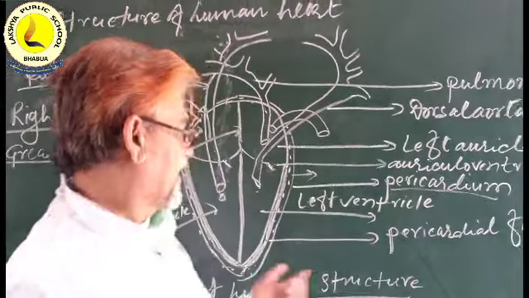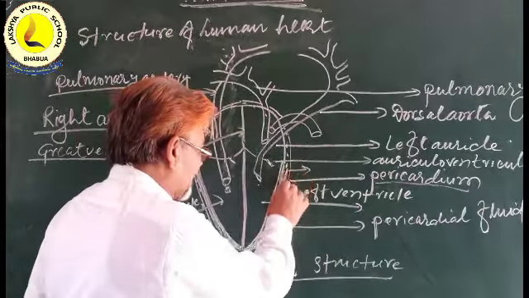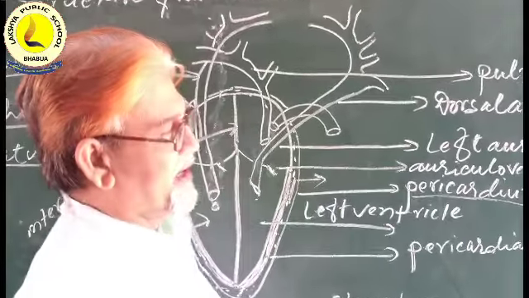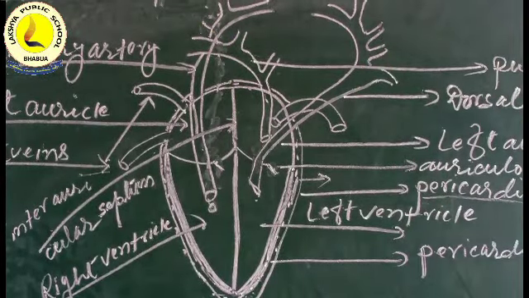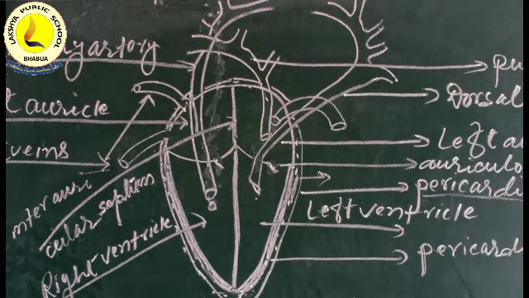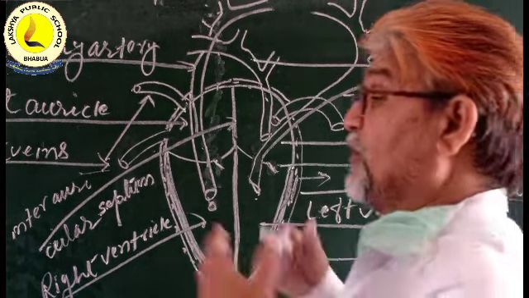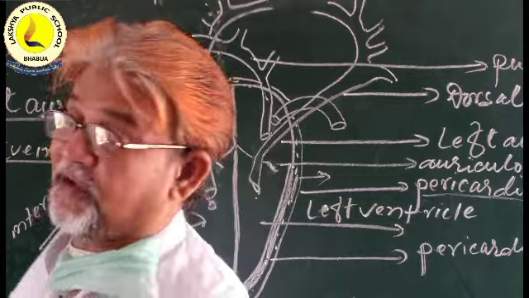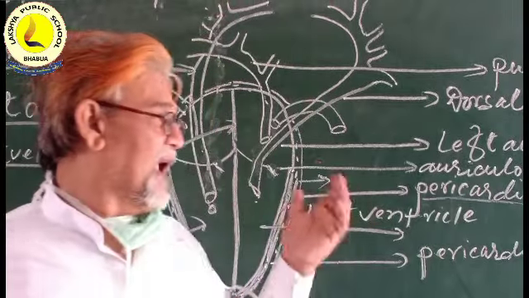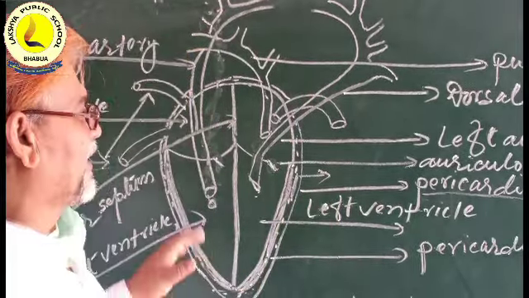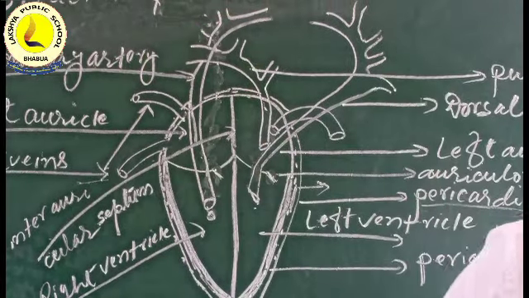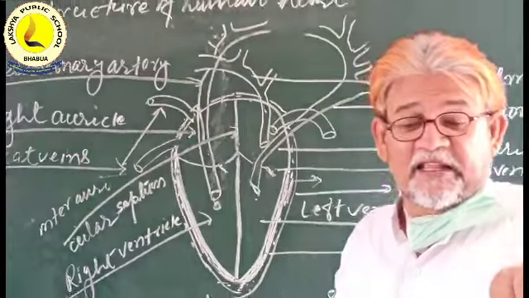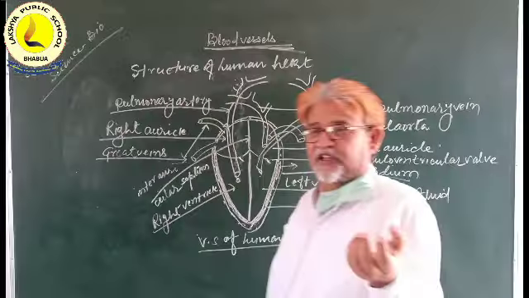In between the outer wall and the pericardium, there is a cavity which is always filled with a transparent fluid, and the name of this fluid is the pericardial fluid. The function of the pericardial fluid is to keep the heart always moist and provide frictionless contraction and relaxation.